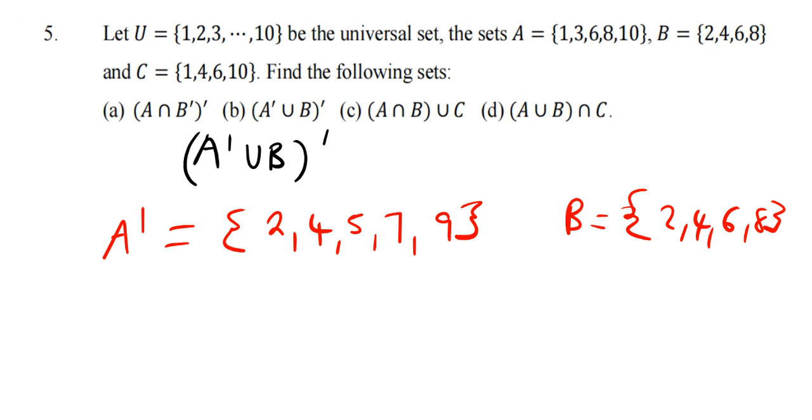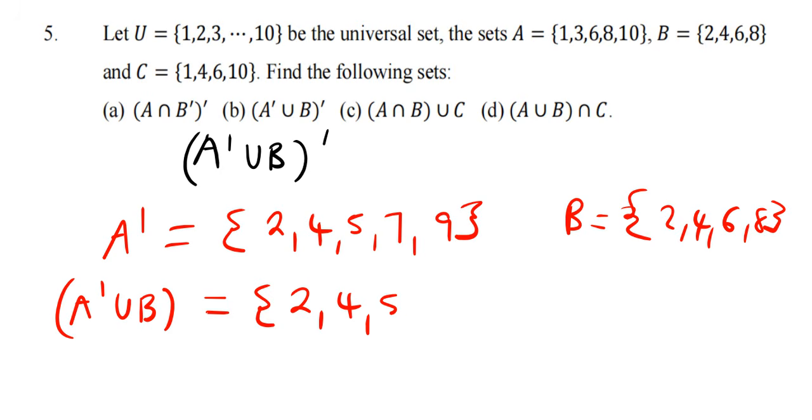Since we're finding the union between the two, A complement union B will be equal to, let me just list this set: 2, 4, 5, 6, 7, 8, and 9. Okay, hope we haven't missed any.